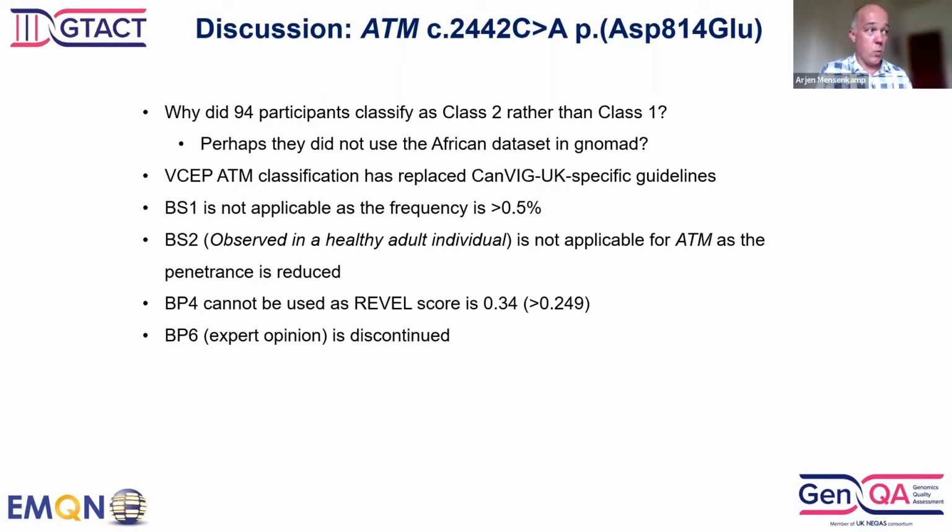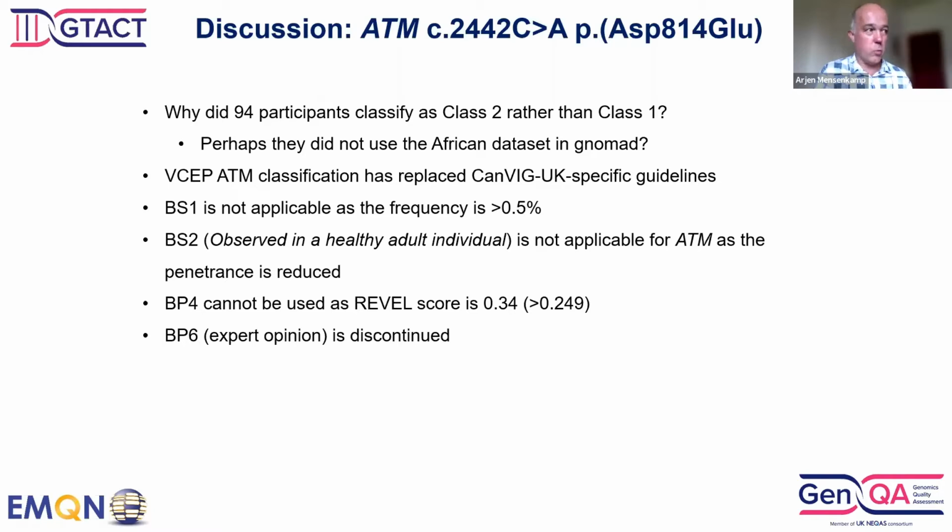So BS1 is not applicable as the frequency is over 0.5%. BS2, observed in a healthy adult individual, is not applicable for breast cancer in ATM as the penetrance is reduced, so you can only use that for high penetrance variants.